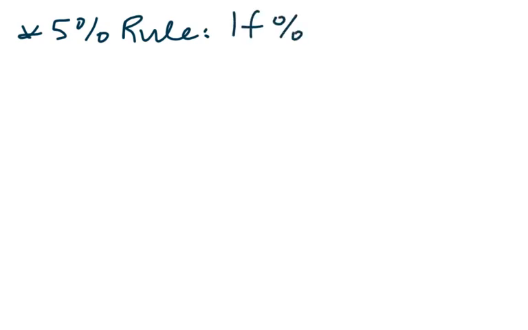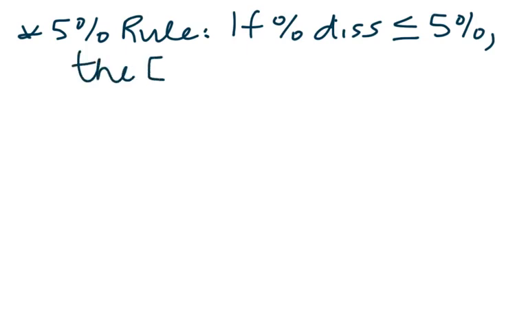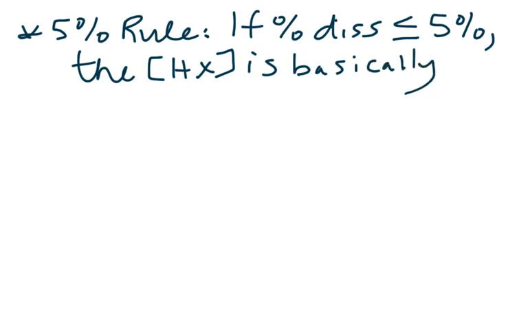Now we have a rule to add in here, and it's called the 5% rule. And this is in your notes that I photocopied for you, but I'll write it down here too. If percent dis is less than or equal to 5%, then the concentration of the original acid or base is basically equal to the original concentration.